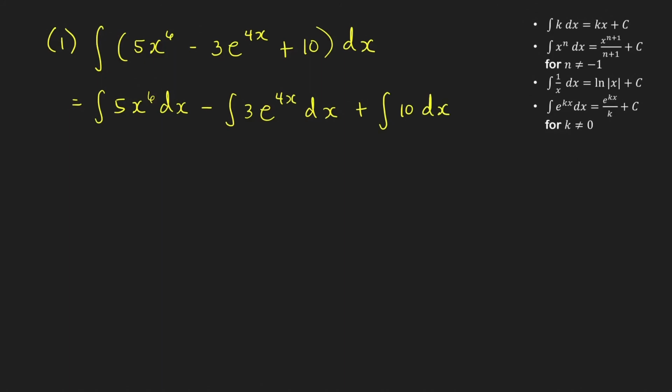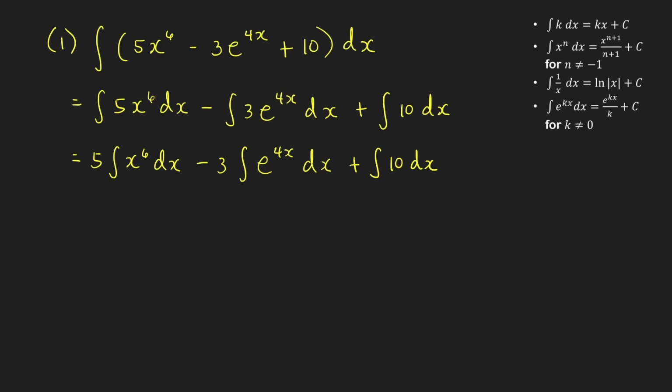And applying the first property, we can move these constant factors to the front of the integrals. So we can write these expressions as 5 integral of x raised to 6 dx, minus 3 integral of e raised to 4x dx, plus we can just leave this integral as is because we already have a formula to evaluate that integral.